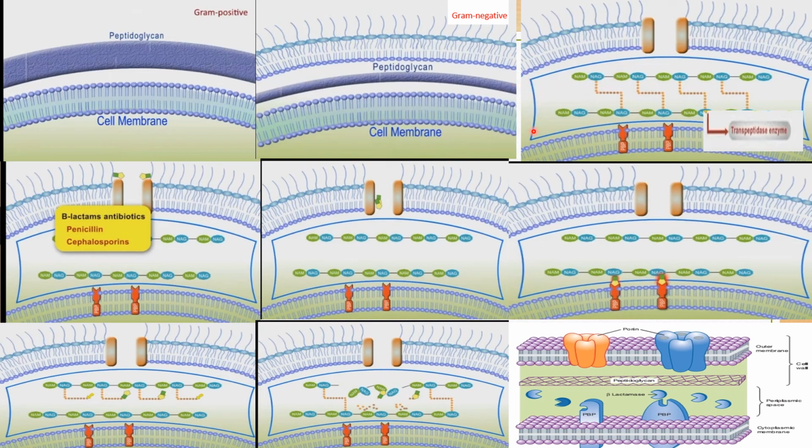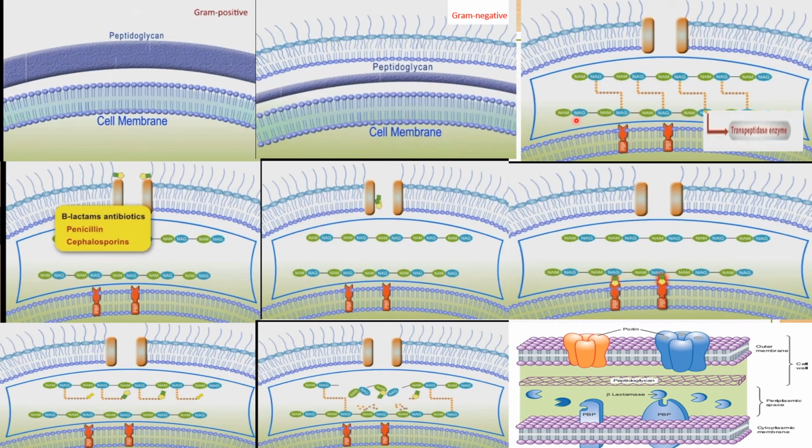Here we have opened the structure of this peptidoglycan. As I have already described, it is made up of polysaccharides and amino acids. NAM and NAG are the polysaccharides. NAG stands for N-acetyl glucosamine and NAM stands for N-acetyl muramic acid.